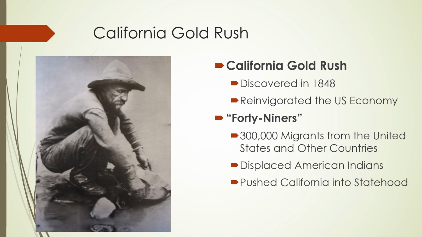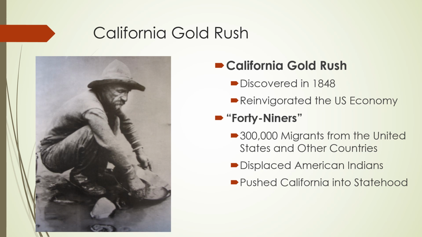It also, because of the large numbers of people flooding into California, pushes California into statehood. Typically, territories in American history, in our story of American history, we've been expanding east to west. And normally there's a transitional period where an area would be a territory for a while and then eventually becomes a state.